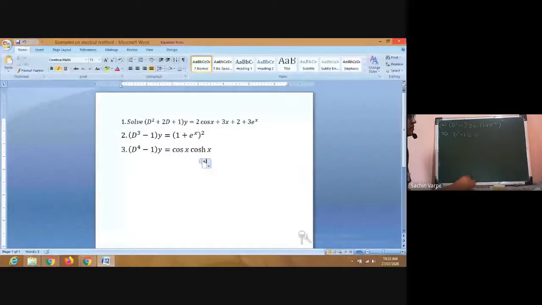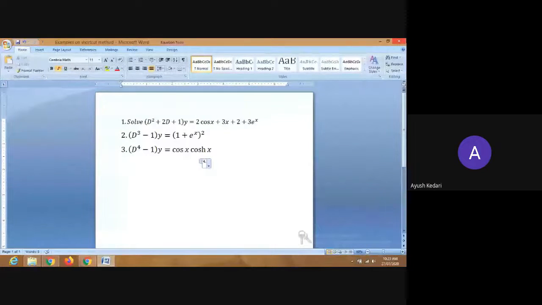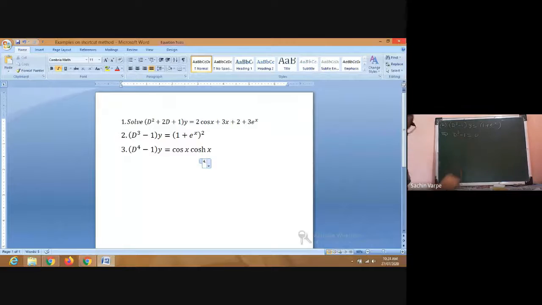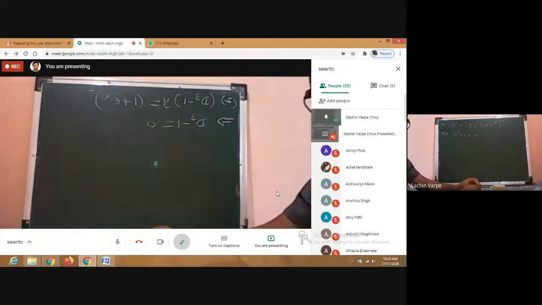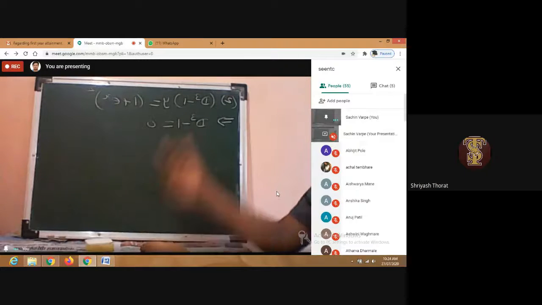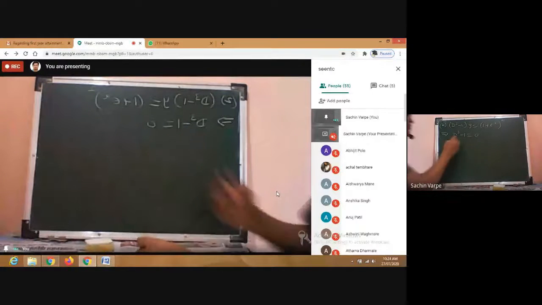Yes, 1. It is of the form a cube minus b cube, right? Is it of the form a cube minus b cube? Then what is the expansion formula of a cube minus b cube?